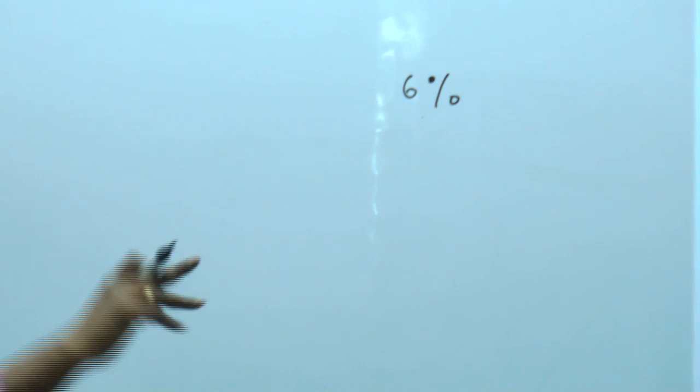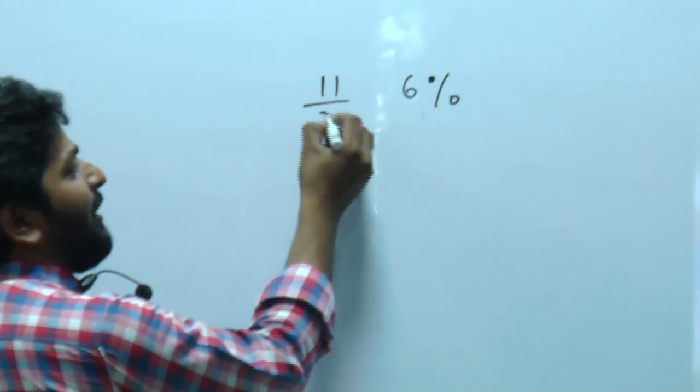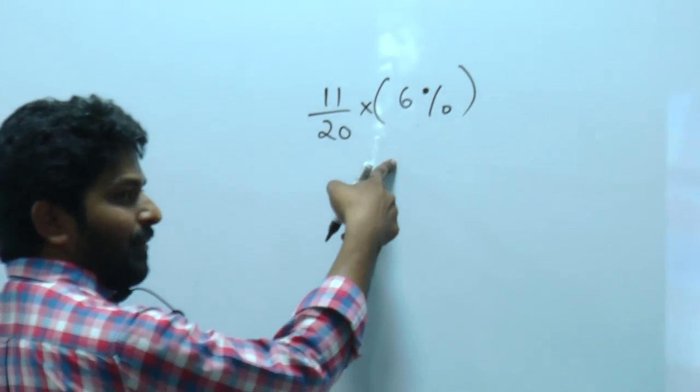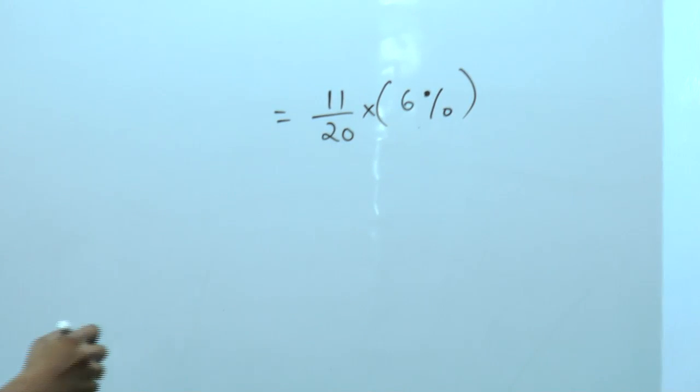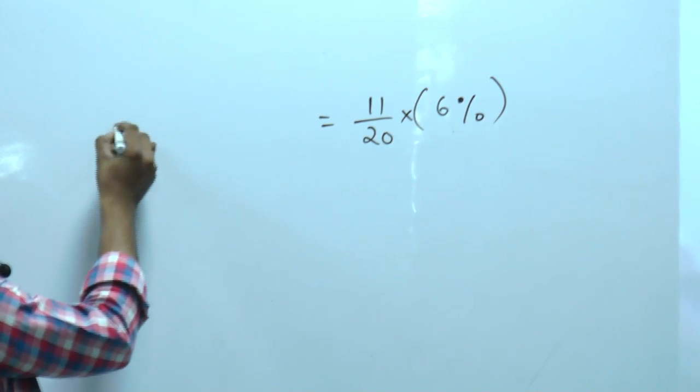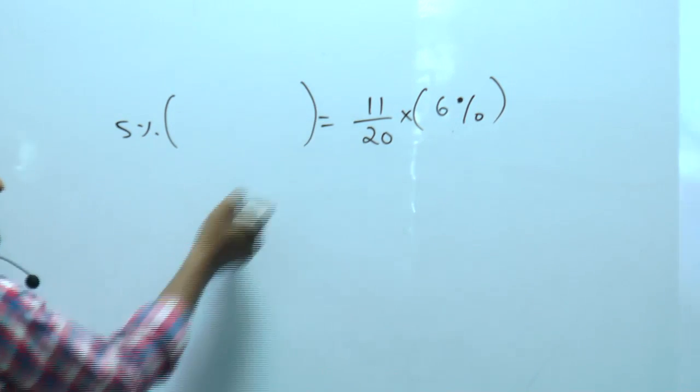Correct? You are given a comparison between first year interest and second year interest: the second year interest is 11/20th of the first year interest. How much must you charge in the second year? 5%.